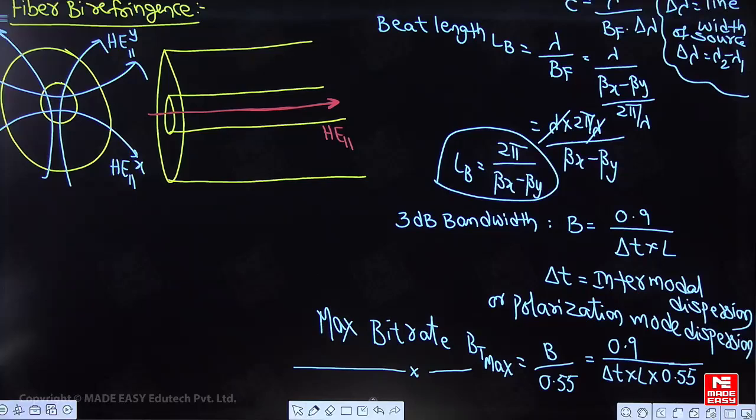That is equal to, what is the formula we studied in the classroom? 0.9 divided by delta T into L into 0.55.